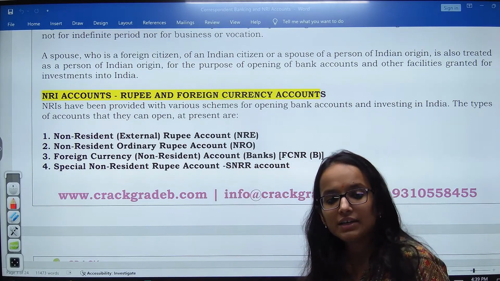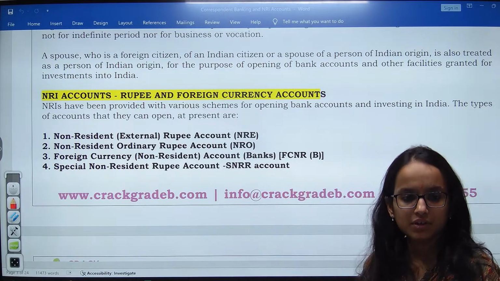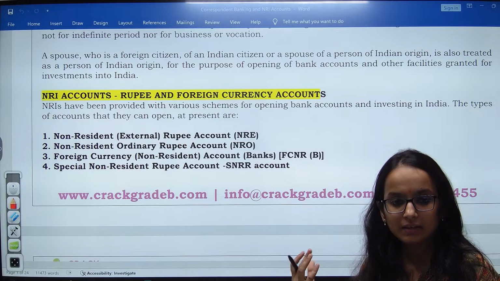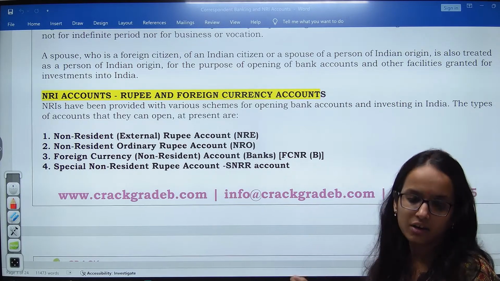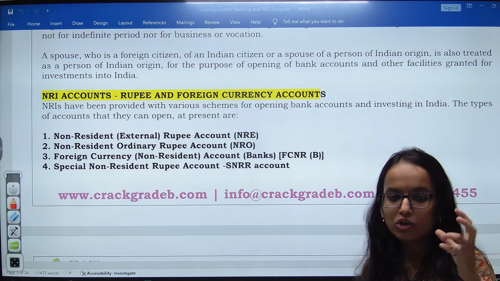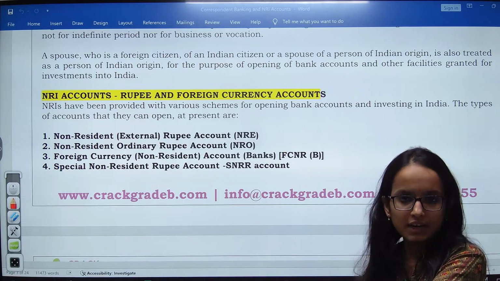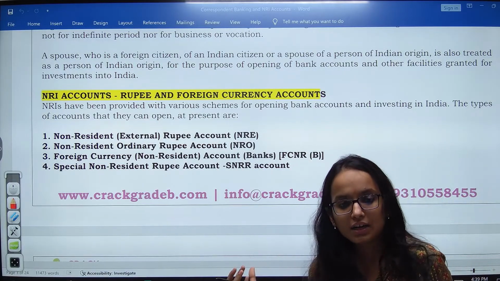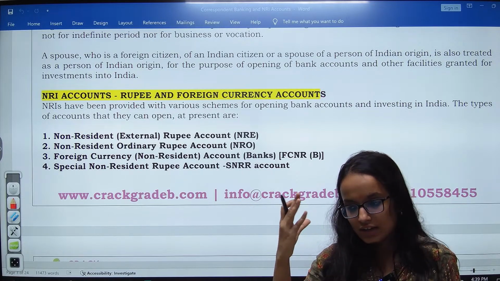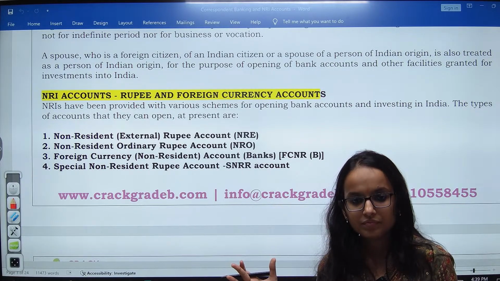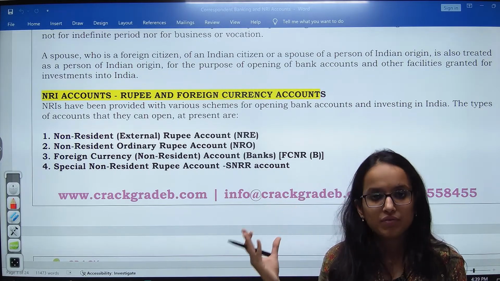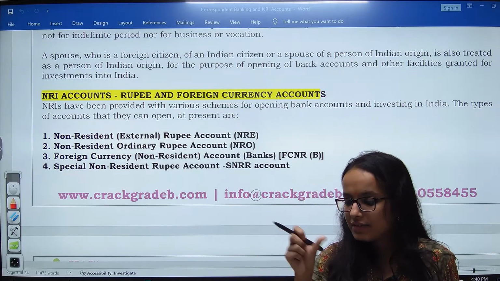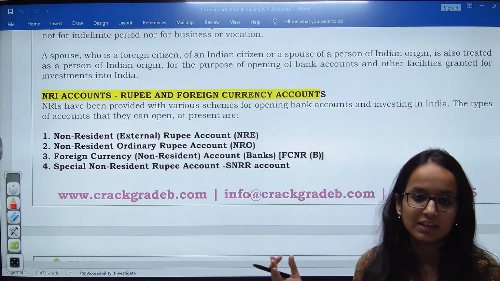Now, why did we try to understand all these definitions? What was the purpose? Because the topic which we will be taking in the next classes is your NRI accounts. The broad topic was correspondent banking and NRI accounts. We have done correspondent banking. Now we will be dealing with NRI accounts. This is also a big topic. We have different types of accounts and we classify them. We have several bases on which we differentiate these accounts.